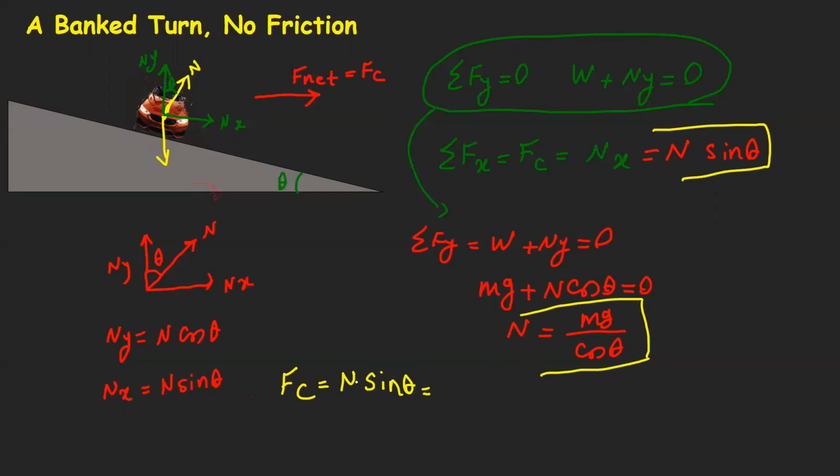If I substitute N with its equal, mg divided by cos theta, times sine theta. And we know sine theta divided by cos theta is equal to tan theta. As a result, we can say Fc is equal to mg times tan theta.